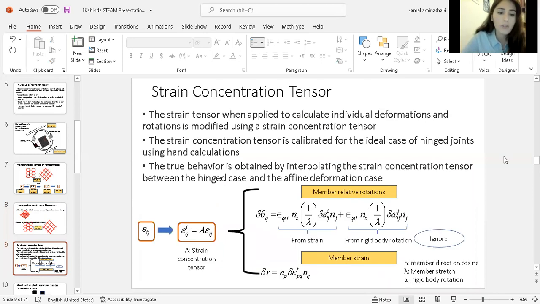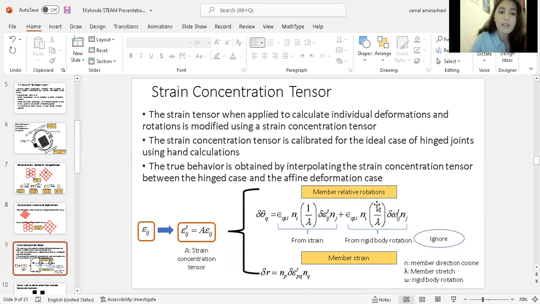We use a novel approach to compute our strain concentration tensor for bending dominated lattices when all joints are treated as hinges. A lattice becomes a mechanism whose behavior can be predicted in a straightforward manner using geometric compatibility. When the joints are perfectly rigid, the affine deformation works fairly well.